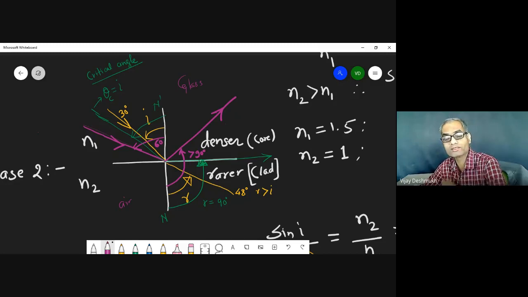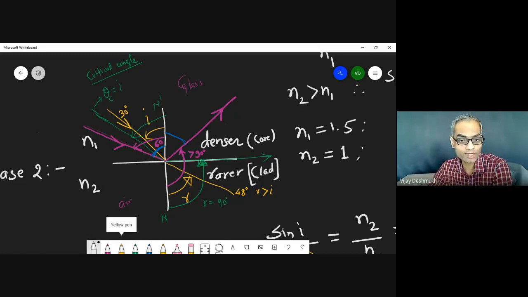How can you prove that? In reflection, you need to have these two angles both same, but it is not same here. So these two angles are not same, therefore it is not reflection.